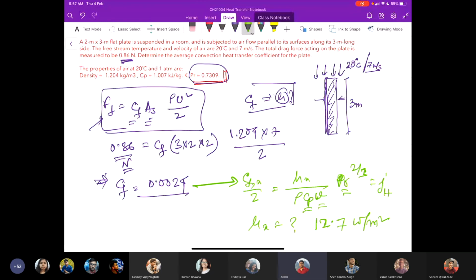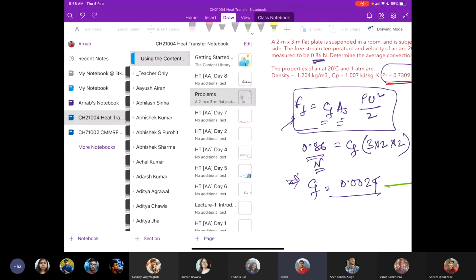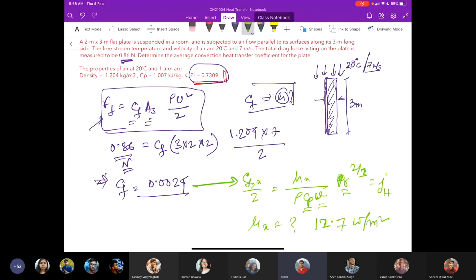If I quickly summarize in 1 or 2 minutes what we learned, today is day 8, so in the last 8 lectures we learned the thermal boundary layer, the hydrodynamic boundary layer, and the boundary layer governing equations: continuity, x momentum, y momentum, energy.